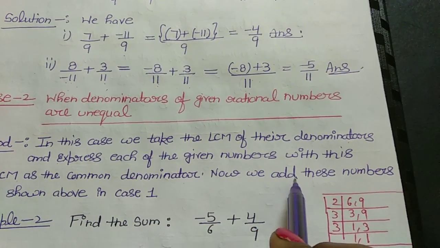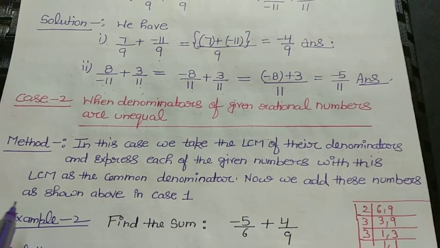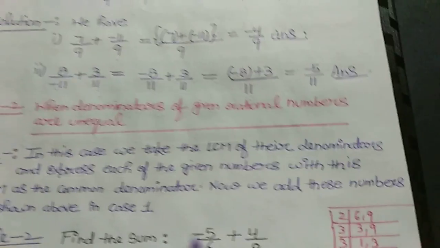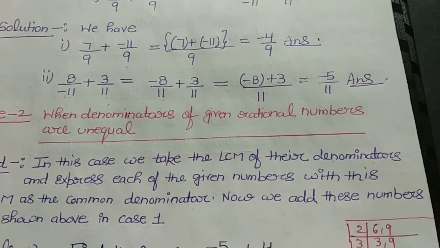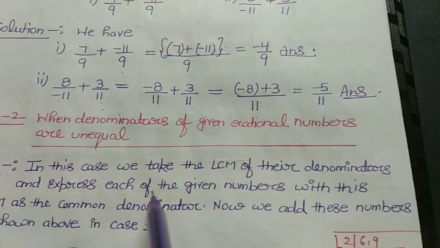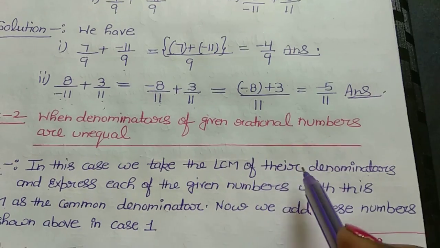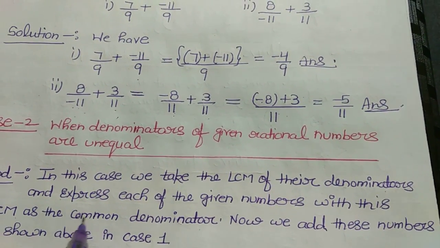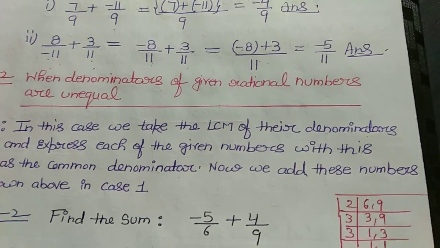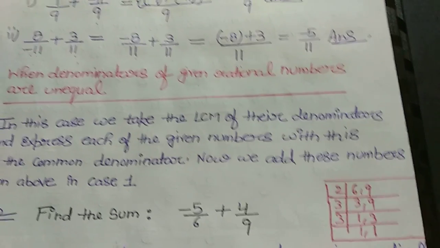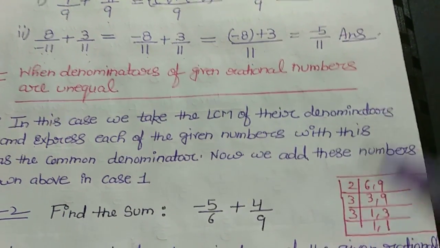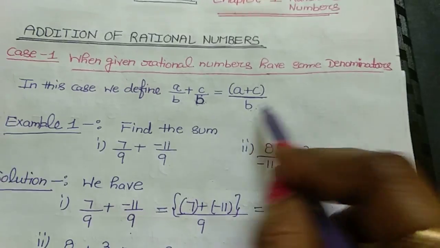Now we add these numbers as shown above in case 1. It means that if we are given different denominators, we will take the LCM of the denominators and convert each of the given rational numbers to the same denominator. And then again we will add in the same way as rational numbers having the same denominator.